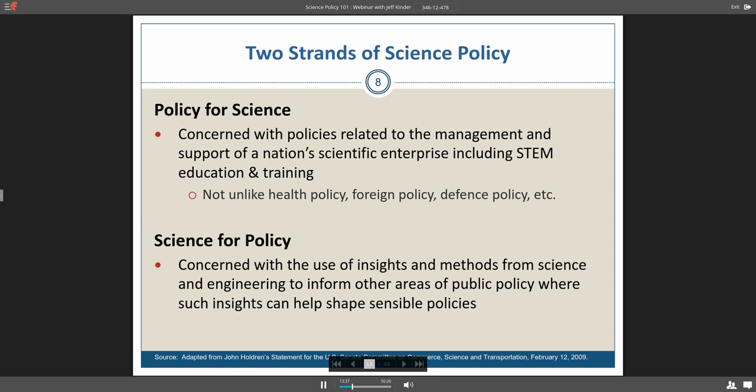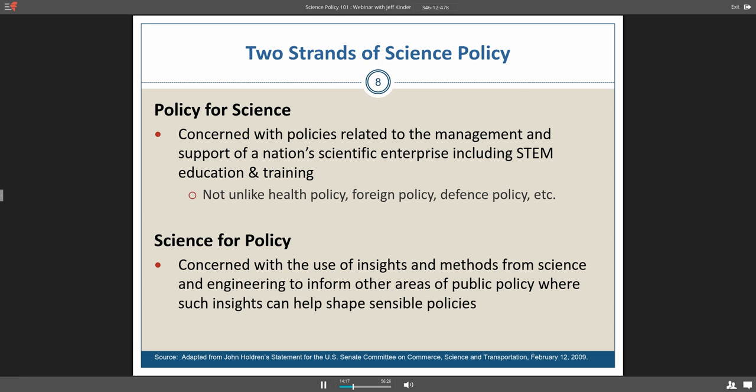So if that's what science is and what policy is in 30 seconds or less, it's important then to understand something that's perhaps unique about science policy, and that is that it has sort of two sides to the coin. So on the one side, we have what's called policy for science, and by that we mean basically that science policy is concerned about policies and government actions and strategies that support the scientific enterprise, including, as we say here, STEM education and training, so education and training in the science, technology, engineering, and math disciplines.